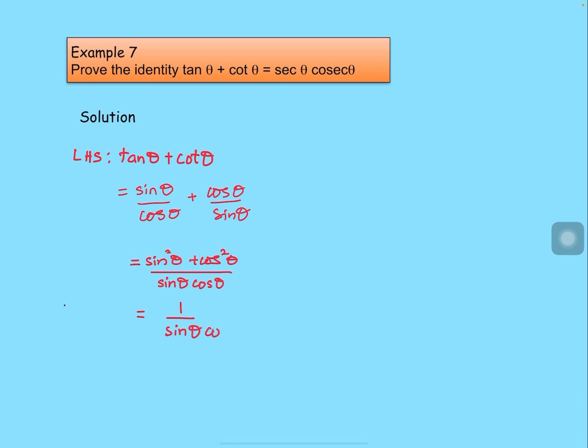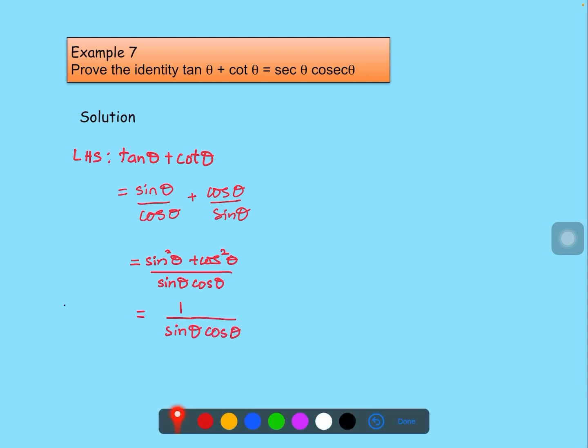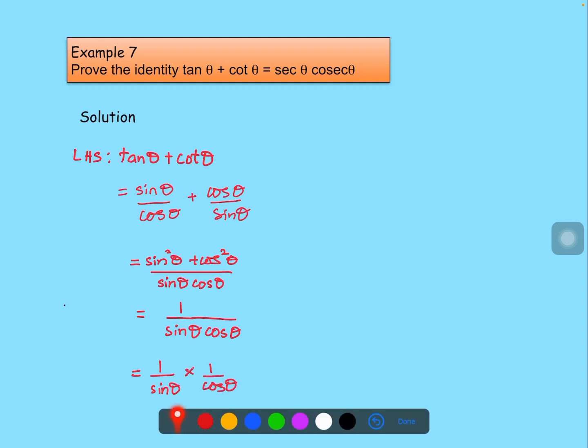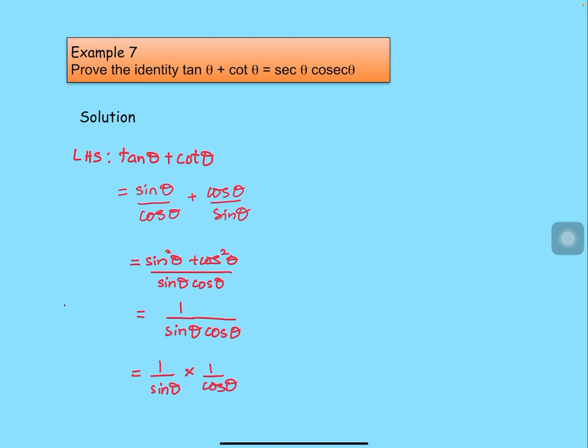Up here is the first identity. Sin squared plus cos squared is 1. So we have 1 over sin theta cos theta. And then you can split this into 1 over sin theta times 1 over cos theta, which is, 1 over sin is cosecant, cosecant theta times secant theta. This is the right hand side, proved.